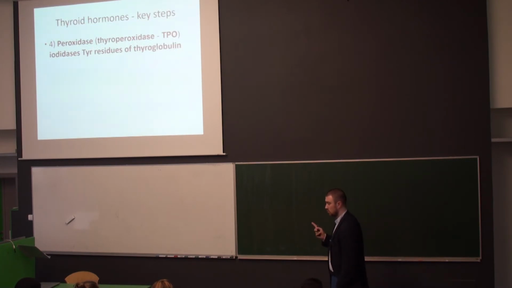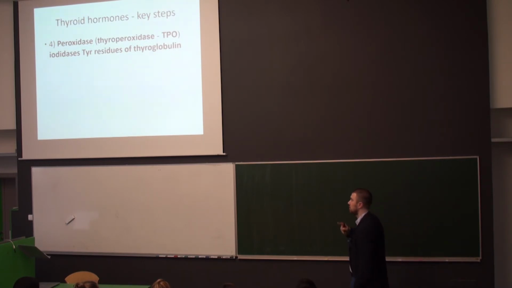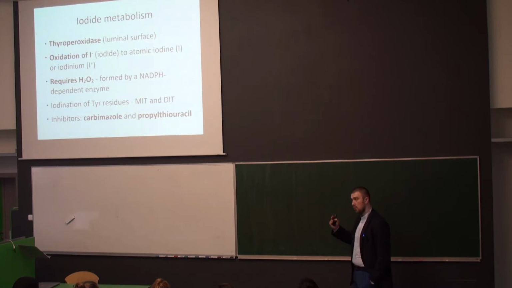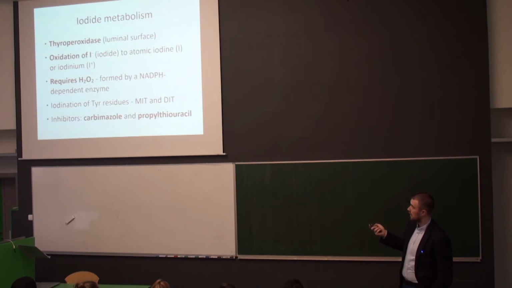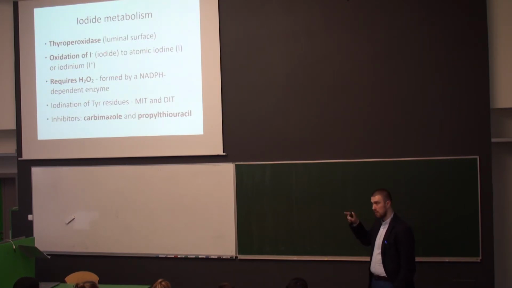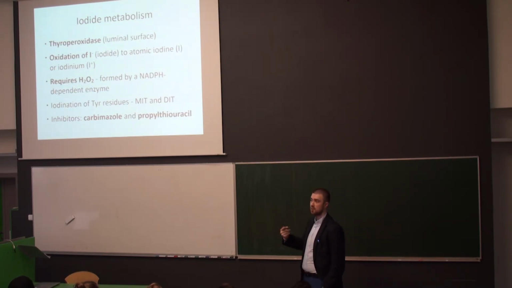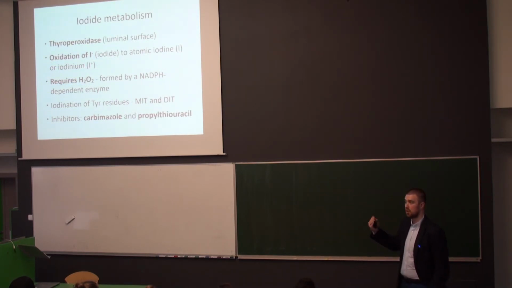What's the function of this enzyme is quite simple. It's a thyroperoxidase, that means it uses hydrogen peroxide to modify the iodine and to help incorporate it into the thyroglobulin molecule. How is it done? It's exposed to the luminal surface, that means to the colloid, and it converts the iodide, that means iodine -1, to the atomic iodine, that's the first possibility, the radical, or to iodinium, that means to some plus charge.